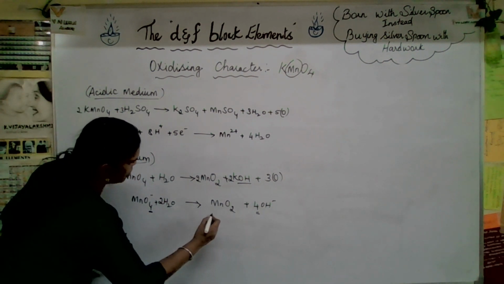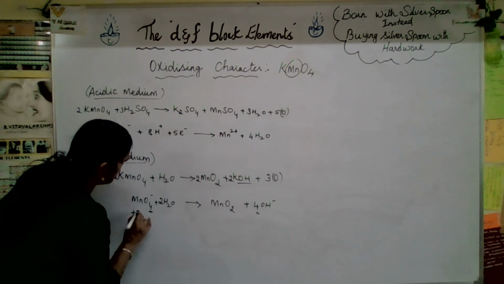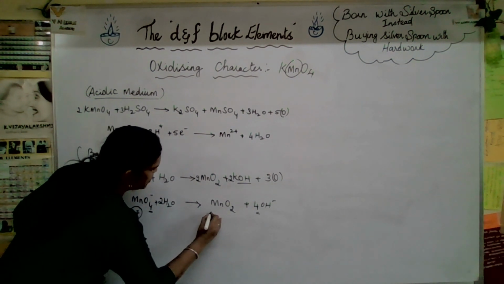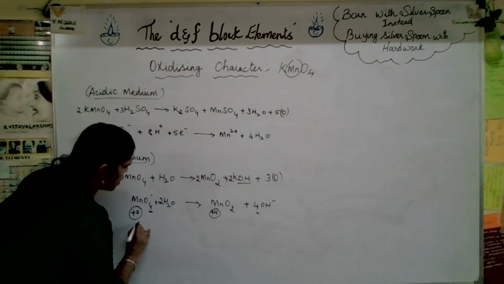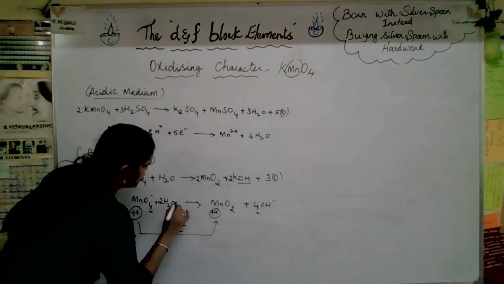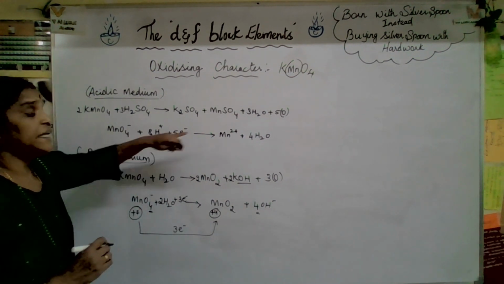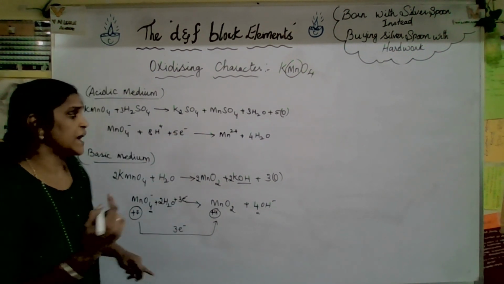Here how many electrons are available? Here 7 oxidation number, here plus 4 oxidation number. So that means how many electrons can exchange, means 3 electrons. So here plus 3. So why I am giving all this, equivalent mass also we have to consider.